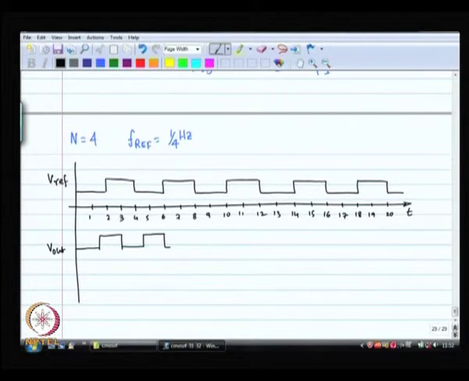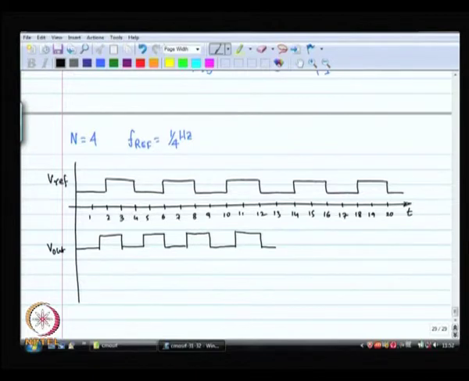Let us say this is what the VCO was doing initially. Okay. It is running slower than required.